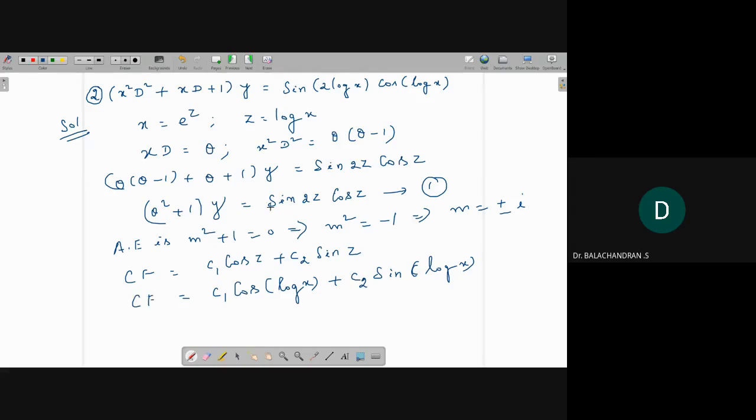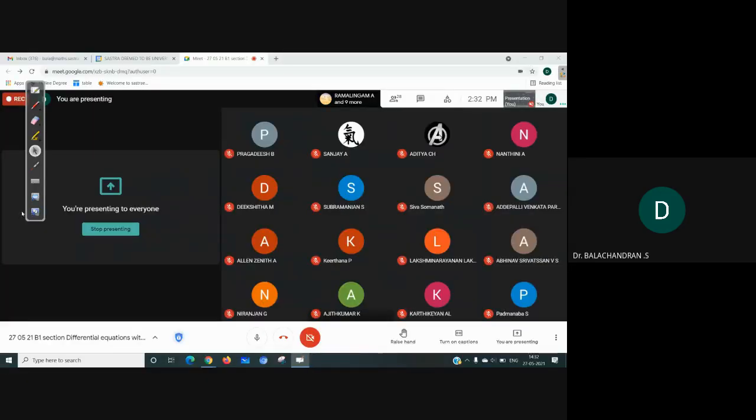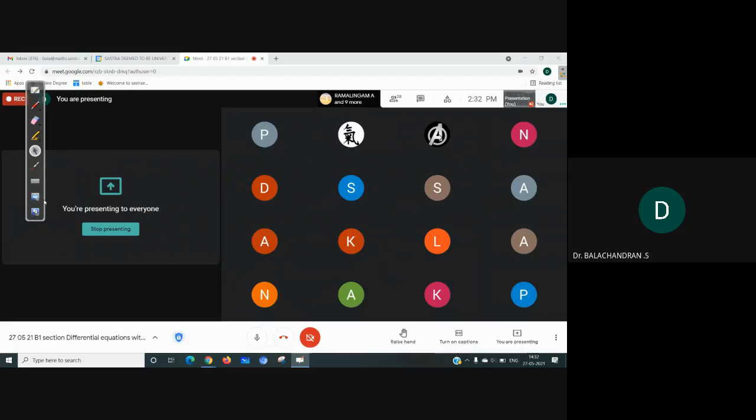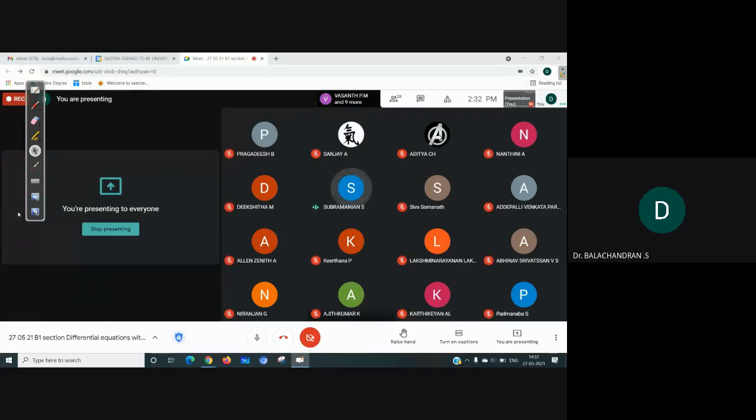So now the particular integral. How to proceed with the particular integral? The right hand side we have what? Not 2, sine 2z cos z. Type 2, sir.